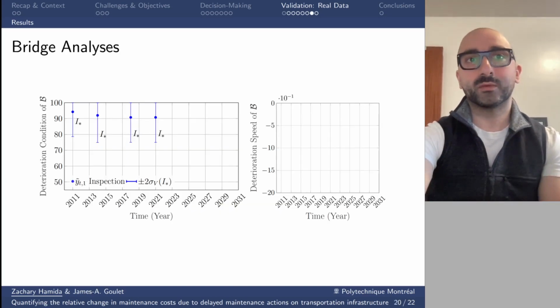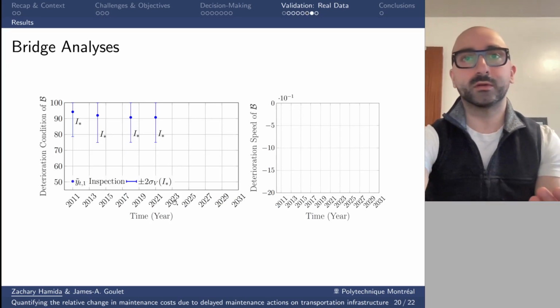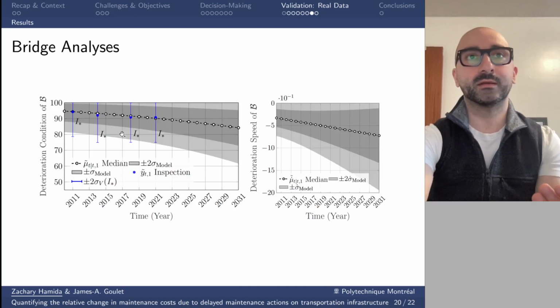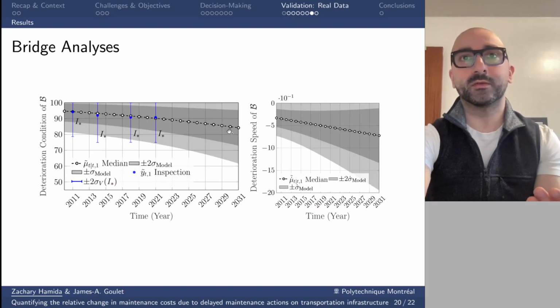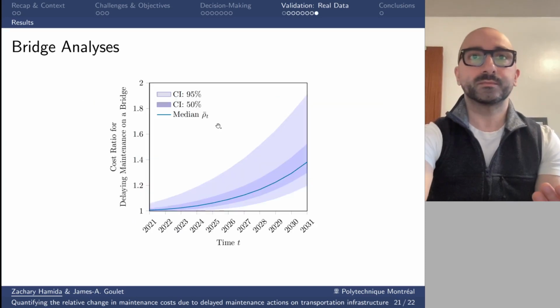Same thing, but for a bridge: condition and speed, and these are the aggregated inspection data. We see the expected deterioration condition represented by the black dashed line for the condition of the bridge, and the same for the speed.